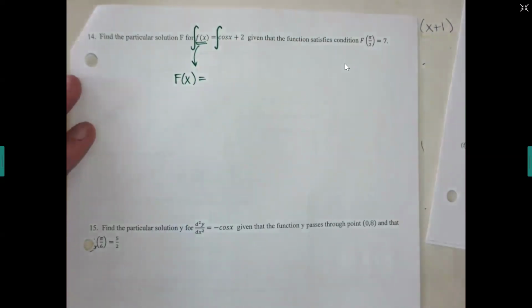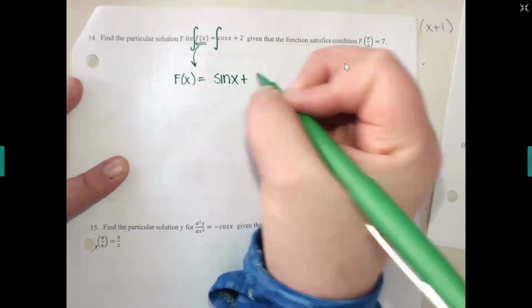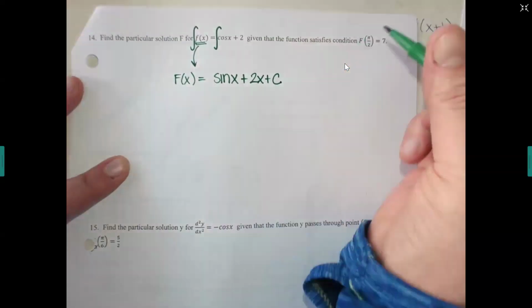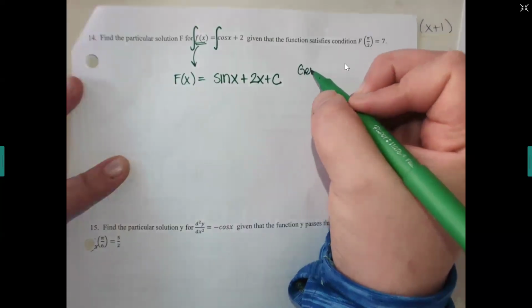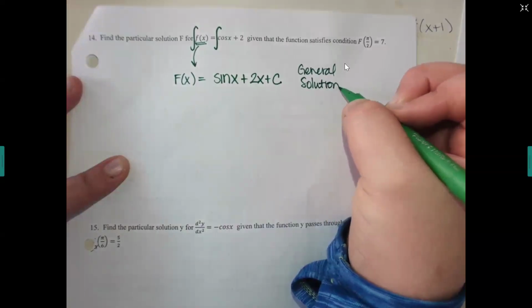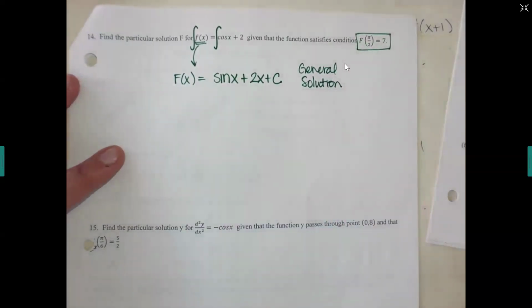What will cosine go back to? You're doing snow cone, but you're just going up. Sine. What will 2 go to? Plus C. And then from there, that's your general solution. To get to your particular solution, you'll take the information they gave you right here and plug that in.